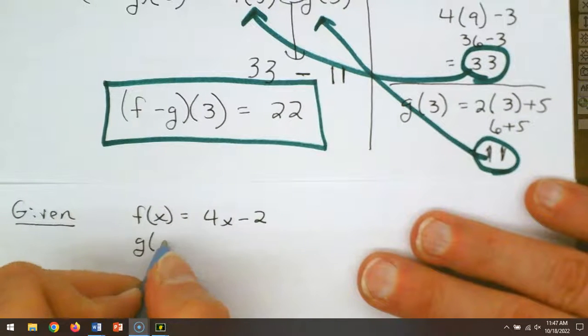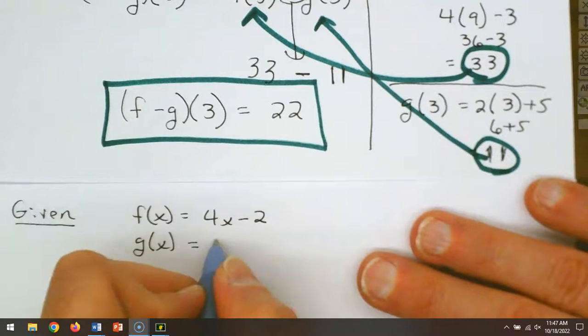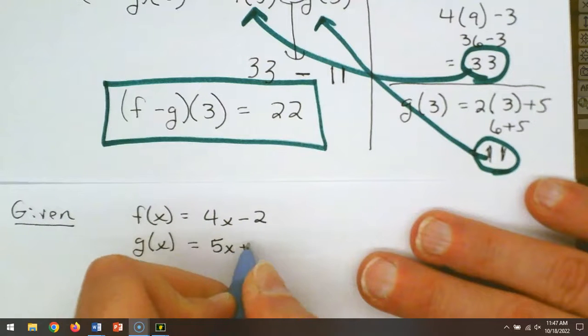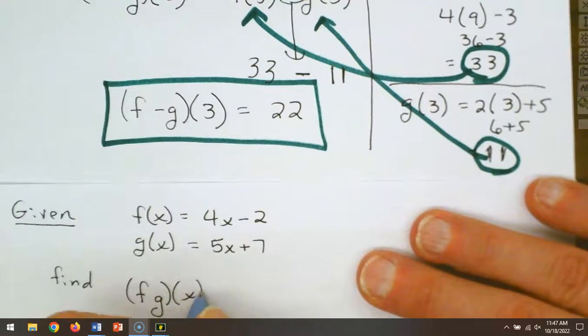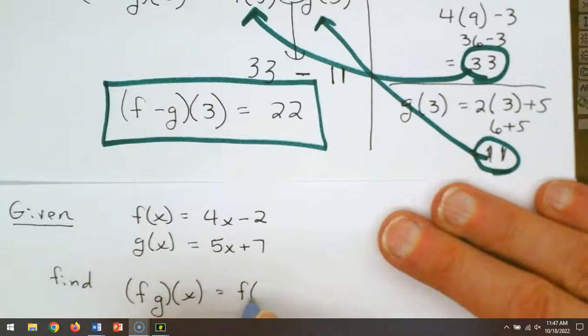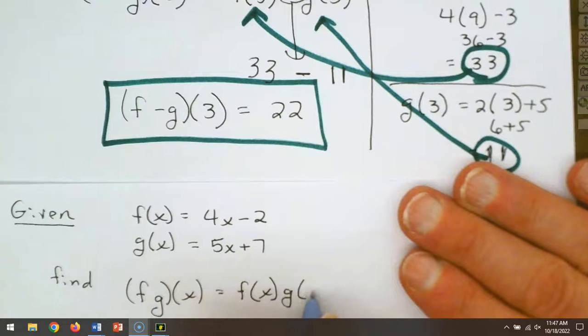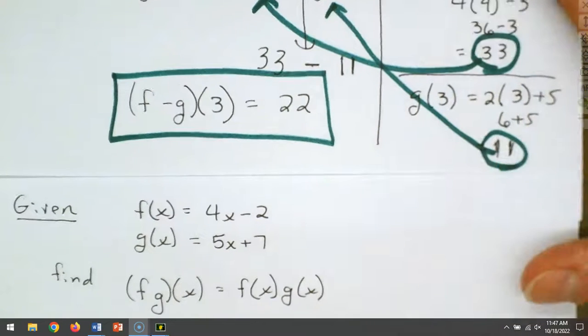So here's your two new functions. And let's go ahead and find f times g of x, which is f of x times g of x.